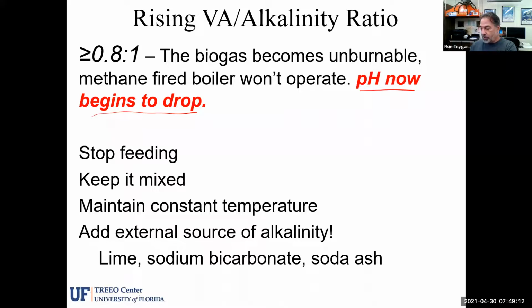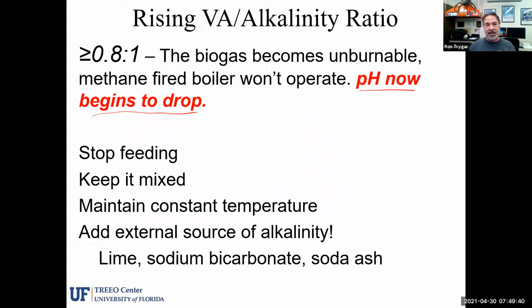The chemicals of choice are sodium bicarbonate and soda ash. Notice that we don't have sodium hydroxide on here. Sodium hydroxide is known as caustic soda. It doesn't really have the same efficacy or bang for the buck as far as getting alkalinity in there as sodium bicarbonate or soda ash does, because it's the carbonates that really give you the alkalinity that you're looking for.